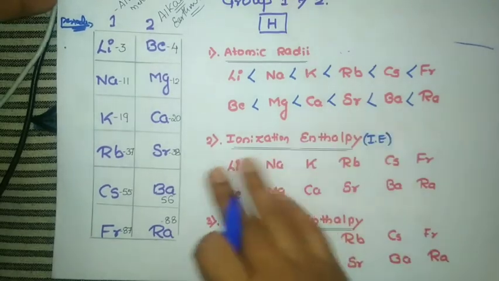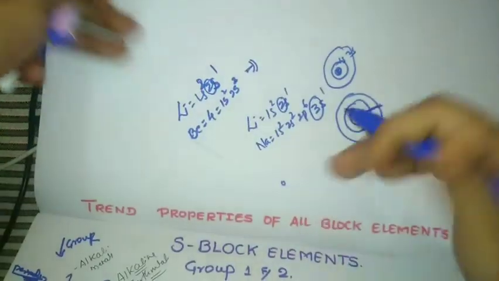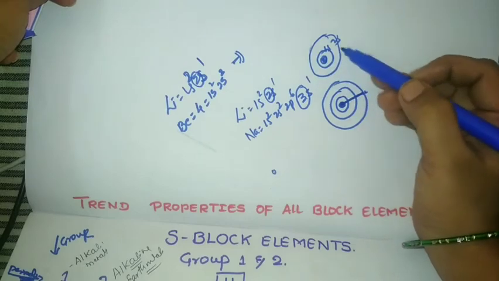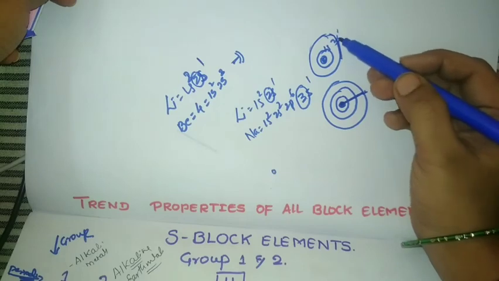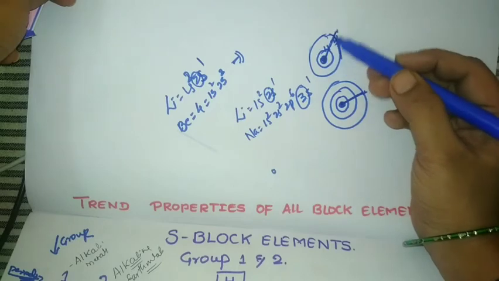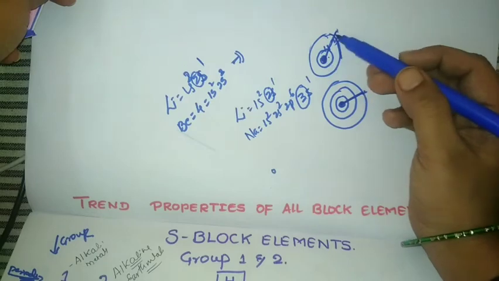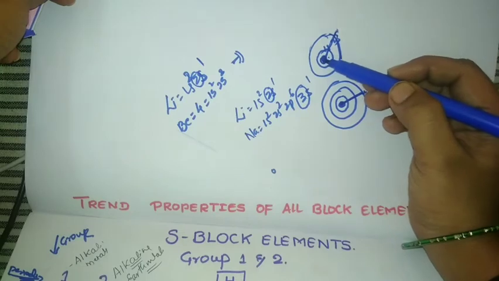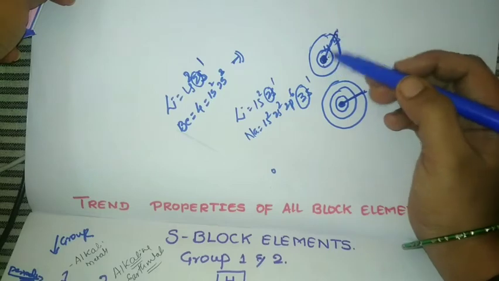Now what happens if the size is very small? Here we have lithium. The size of lithium is very small, dear students, so even the outermost 2s1 electron is in great attraction with the nucleus, because the distance is less and the size is very small, so the effective nuclear charge is more. This means the nucleus, where the protons are present with a positive charge, can hold the outermost electron strongly, because we know that opposite charges attract each other.